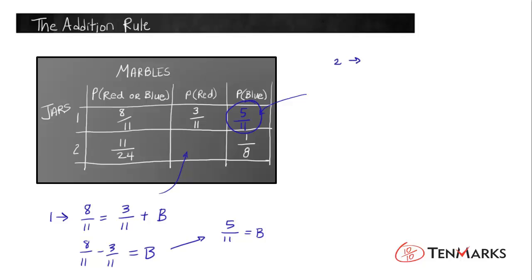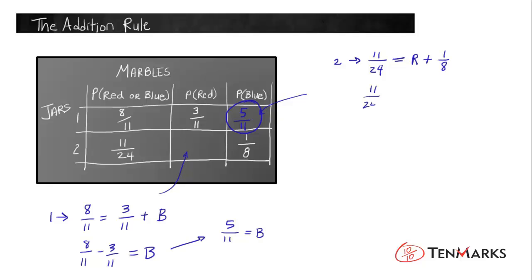For the second jar, we have the probability of getting a red or blue marble is 11/24. And we know that should equal the probability of getting a red, which I'm going to use the variable R here, plus the probability of getting a blue, so plus 1/8. So let's subtract 1/8 from both sides.